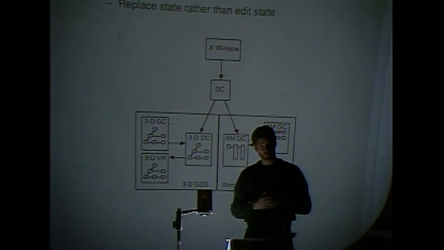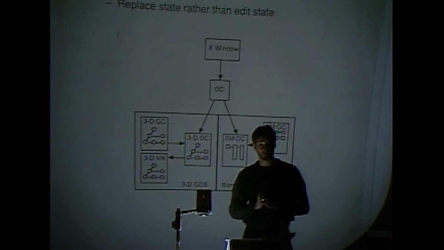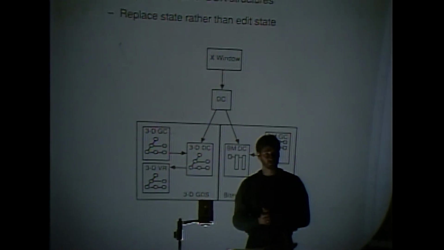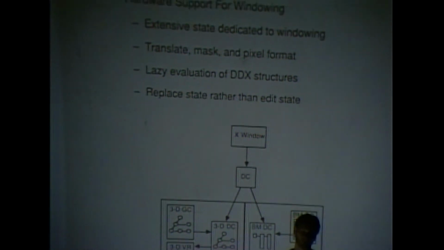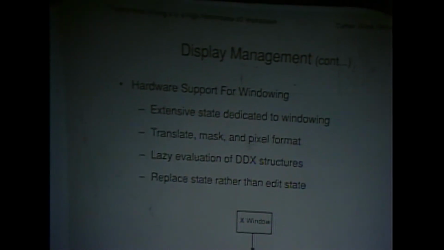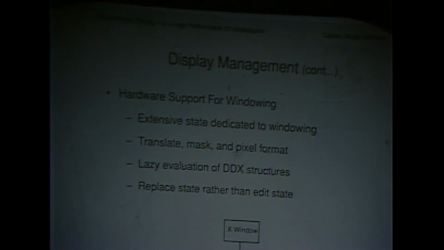We chose to drive this capability primarily through the use of lazy evaluation of the hardware structures, so that if a window manipulation occurs, we would generally invalidate the state of the hardware, but we would not reconstruct the state for the windows until rendition into that particular window was required.